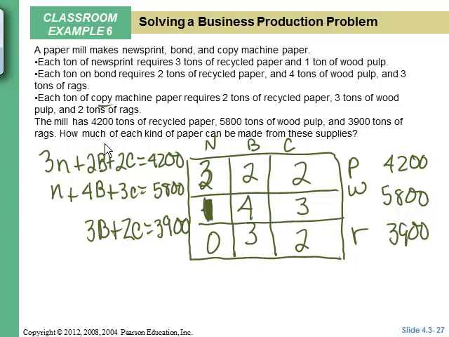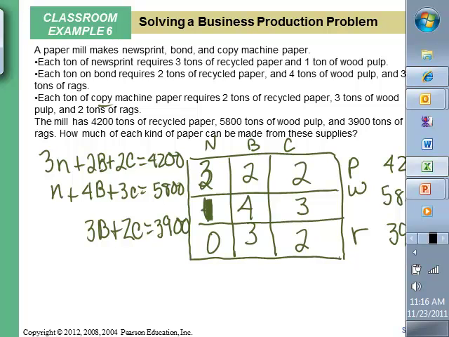Okay, let's fill that into our matrix. 3, 2, 2, 4,200. 1, 4, 3, 5,800. And 0, 3, 2, 3,900.